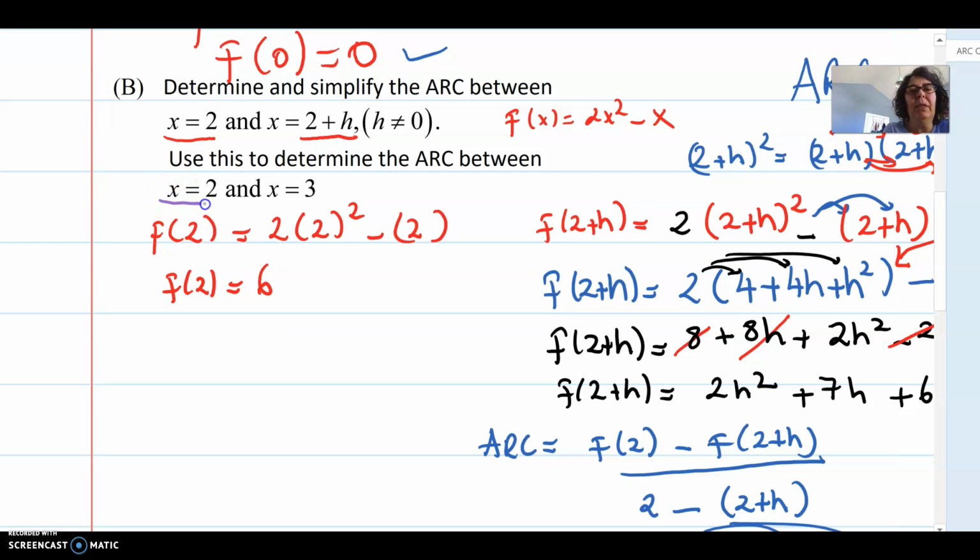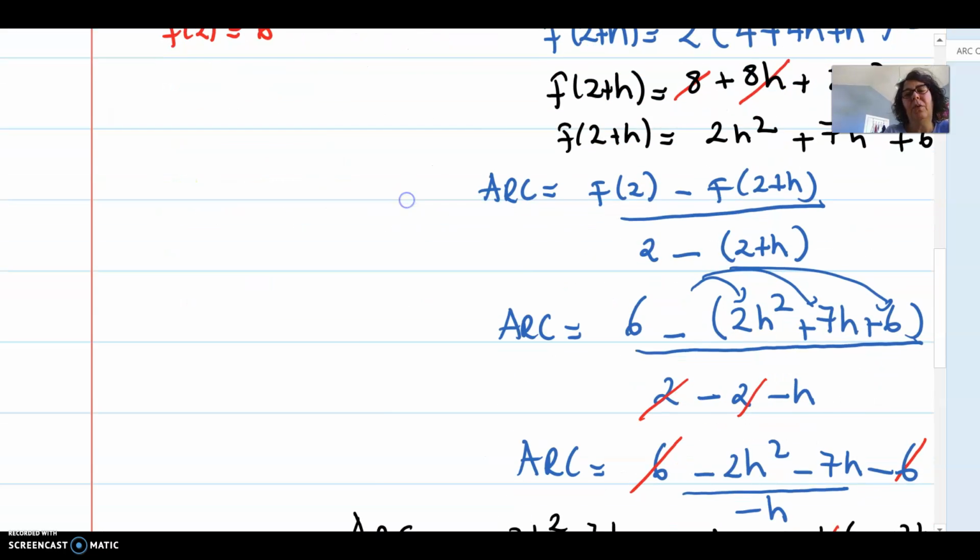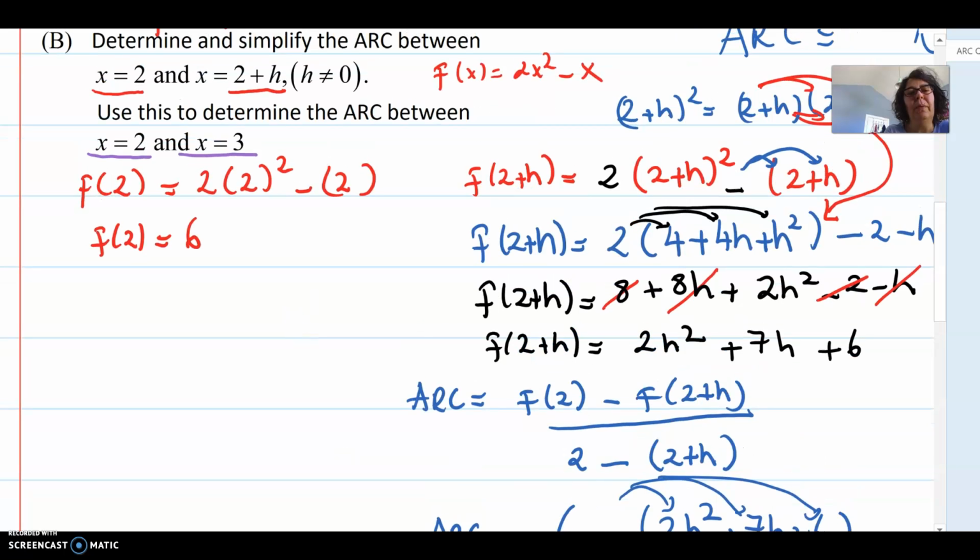Average rate of change when x is equal to 2 and x is equal to 3. Well, x is equal to 2, we already got that, right? So we want f of x equals 3 squared minus 3, wait, 2 times 3 squared minus 3. Then f of 3 will be 3 squared is 9, times 2 is 18, 18 minus 3 is 15.